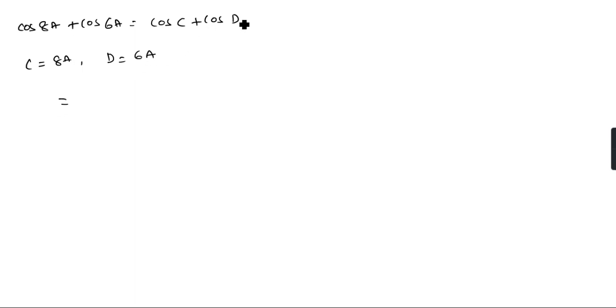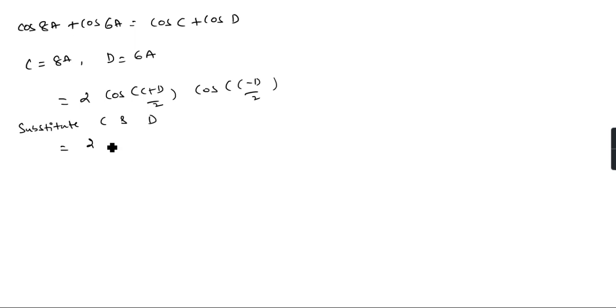The formula for cos c + cos d is 2 cos((c + d)/2) cos((c - d)/2). So we substitute c and d, and we get 2 cos((8a + 6a)/2) cos((8a - 6a)/2).